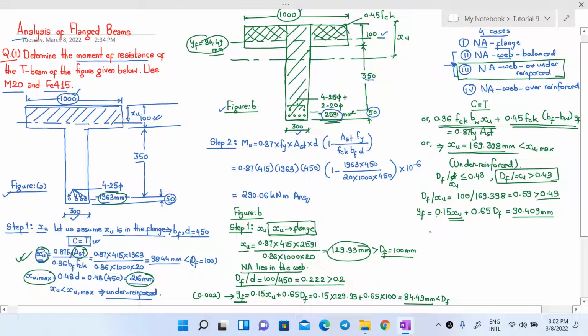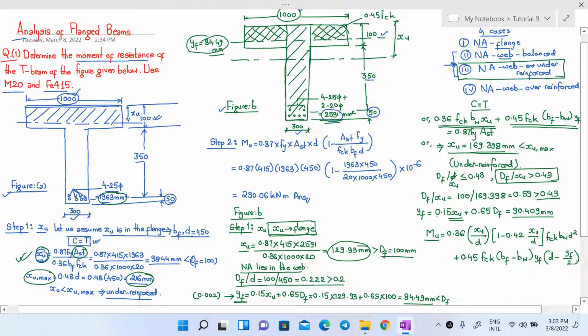Now after calculating this yf, you can calculate the value of Mu, that is the moment of resistance, which is given by the formula 0.36 into Xu by d, into 1 minus 0.42 Xu by d, fck bw d square, plus 0.45 fck (bf minus bw) yf into (d minus yf by 2).